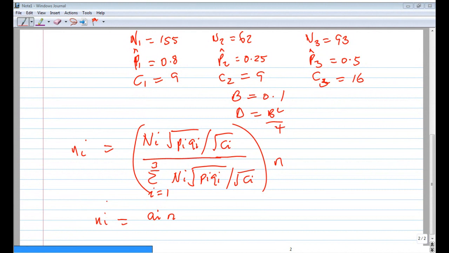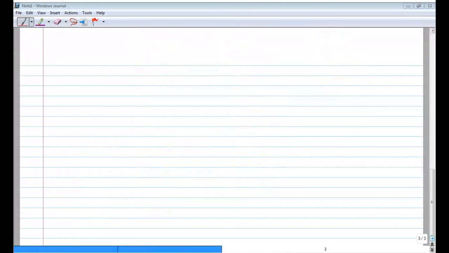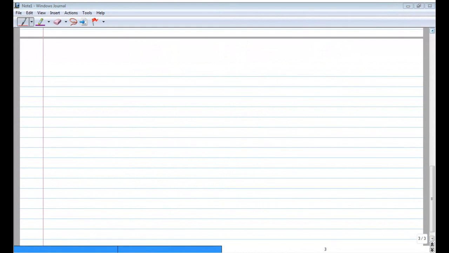So Ni can also be equal to Ai times N, where Ai represents the fraction of observations, isn't it? So from this case, our Ai is equal to what? Sorry, the fraction of observations is equal to what? Who can tell me?